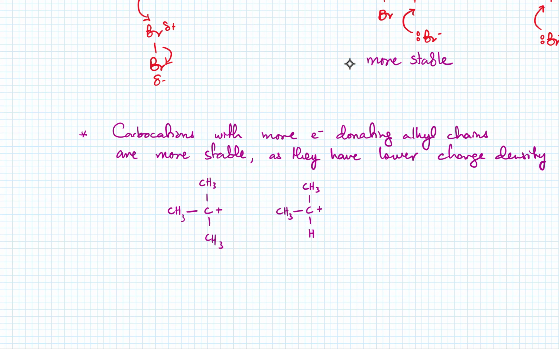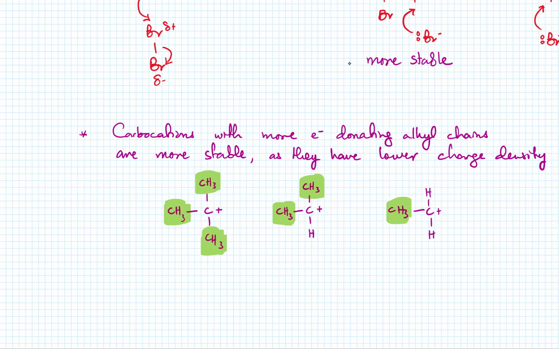And then I have a primary carbocation. It's only got one methyl group. So the first one has three alkyl groups, which are electron donating. The second one has two, and the third one has one.